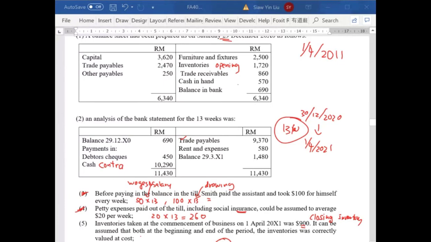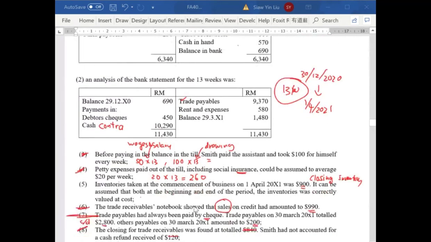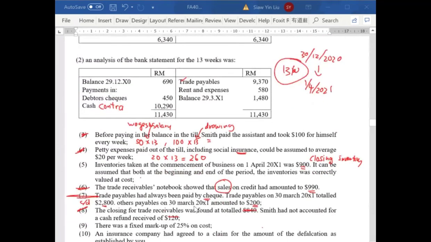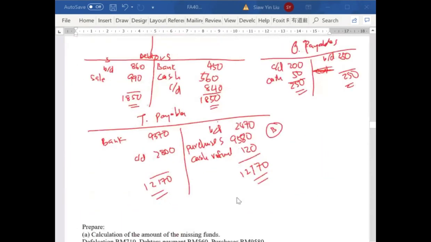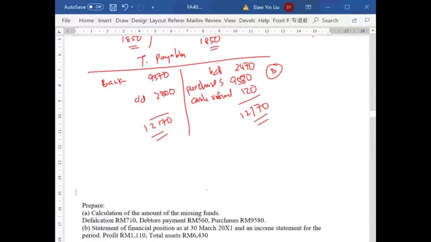And you know that your gross profit margin is 990. So we need to figure out your cost of sales at this moment. So cost of sales, how to find? Opening plus purchases minus your closing stock. You get your cost of sales, right? So from here, first thing we need to calculate is our cost of sales.